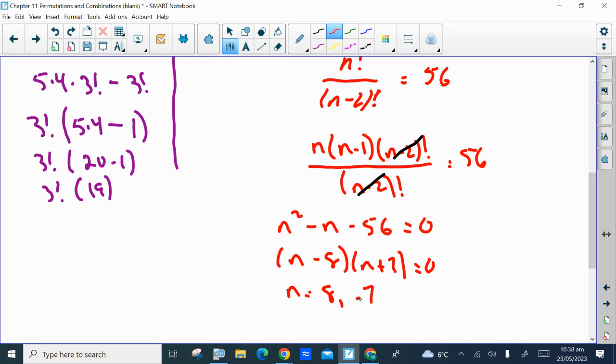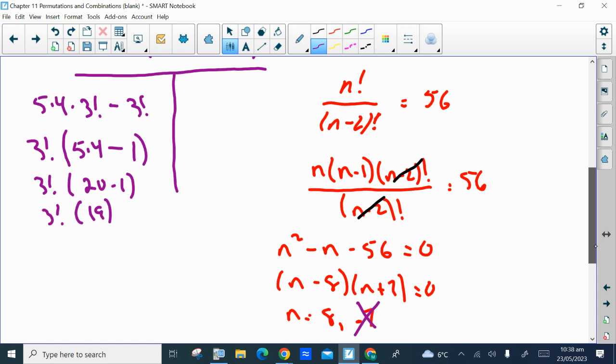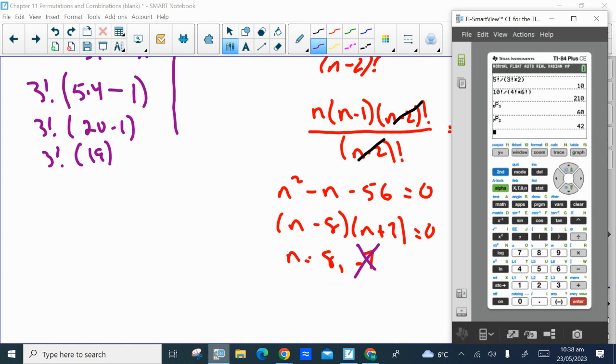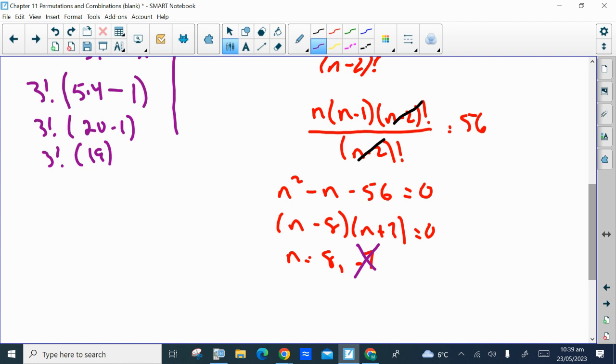But n, which is the number you're choosing from, can't be negative. That is extraneous. So n equals 8 is the only answer. If we go 8P2, we should get 56. And we do. So it checks.